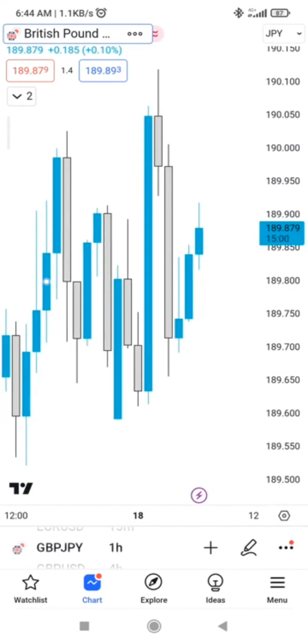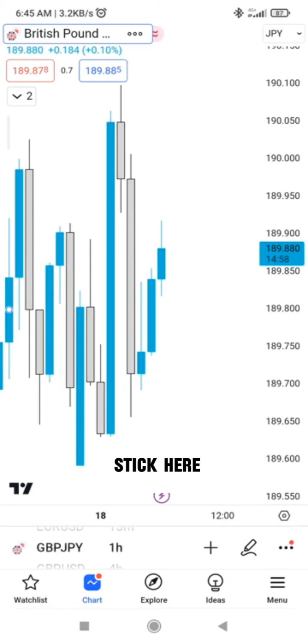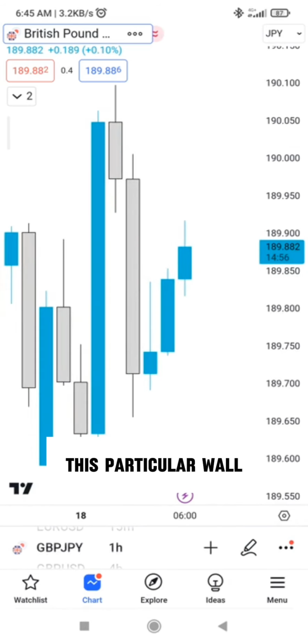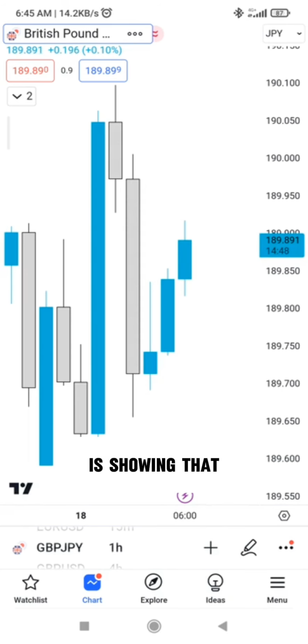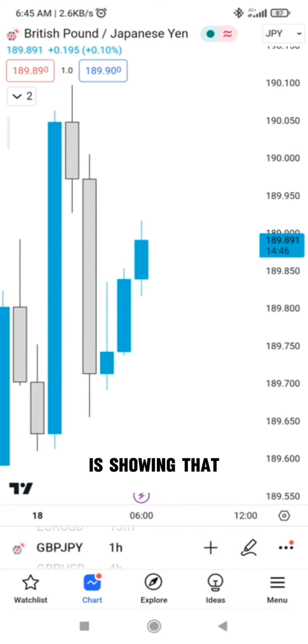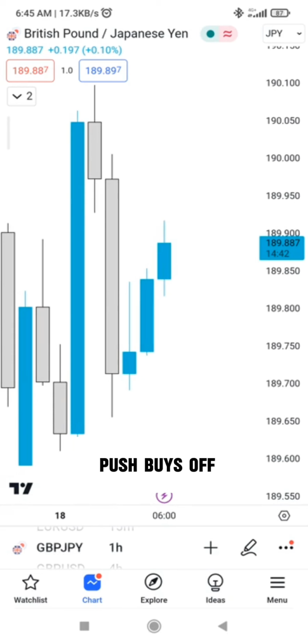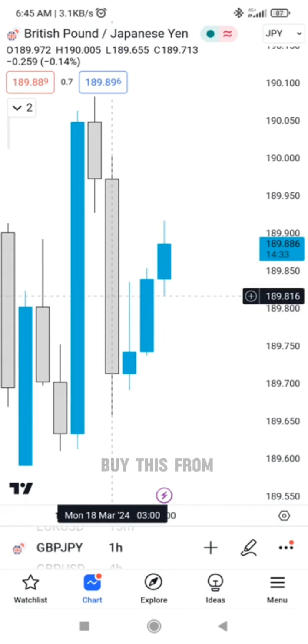You can see this long candlestick here; the last candlestick is showing that buyers are in the market. What buyers do is push price upward. Sellers push price downward. Buyers look at a point below and say, this is a perfect place to buy from.